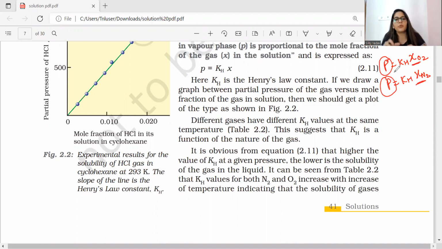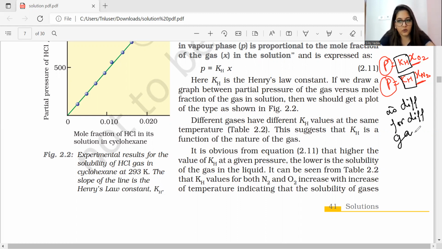Because I'm applying the same pressure on them, the dissolution of oxygen gas inside the water and the dissolution of nitrogen gas in the water should be the same. But it is not the same. Why? Because this KH value is different for different gases.